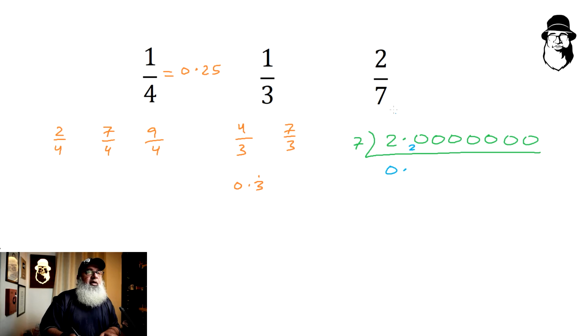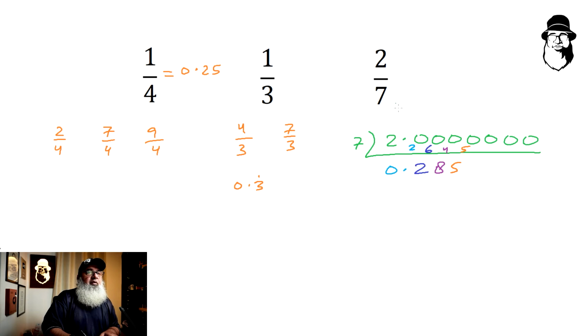So 20 divided by 7 is 7 times 2 is 14, and 6 remainder. And then after that 60 divided by 7 is 7 times 8 is 56, so 4 remainder. Then 40 divided by 7 is 7 times 5 is 35, and 5 remainder.